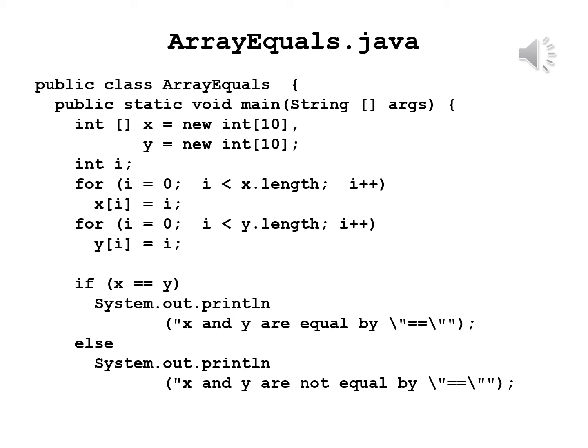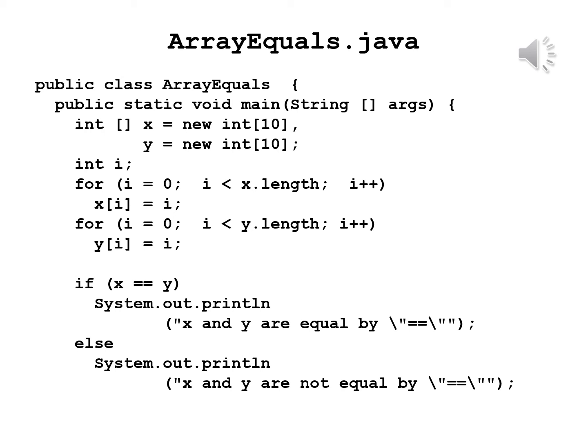int i, so we declare that variable. For i = 0; i < x.length; i++, x[i] = i. For i = 0; i < y.length; i++, y[i] = i. So we now have two arrays with the exact same data.